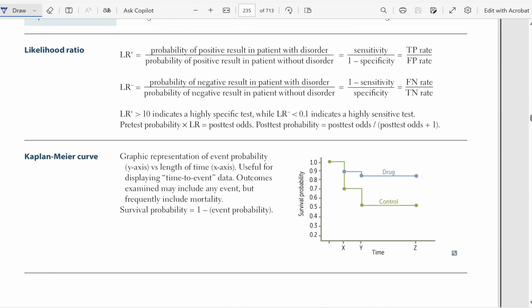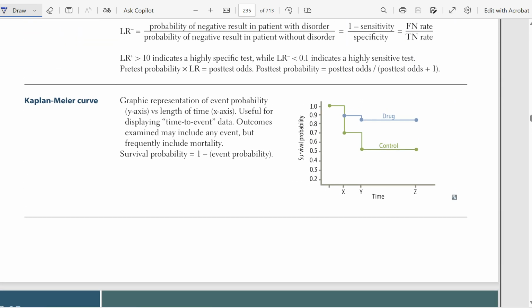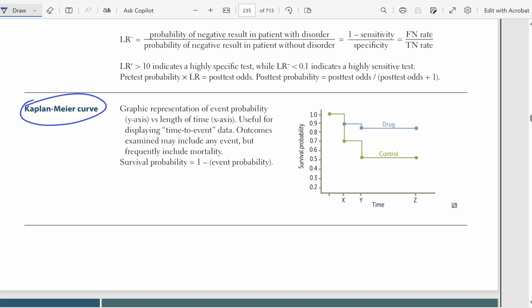And basically for the hypothesis, you need to understand these things, and there's something called a Kaplan-Meier curve. It is the graphical representation of event probability versus time. Okay, and every time you have an event, it drops down. So it's useful for displaying time to event data.